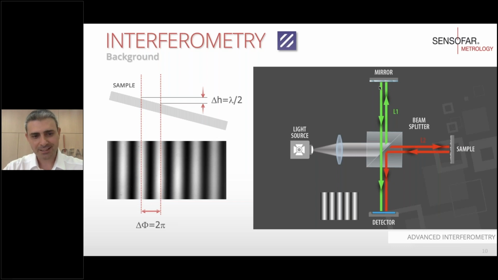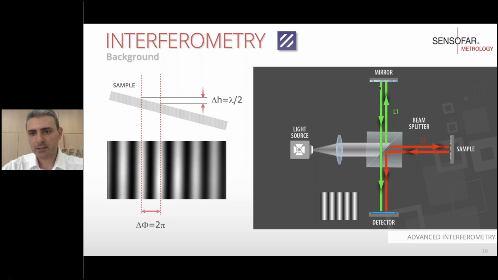By just tilting the sample we want to measure and counting, even with your finger, the number of fringes you are seeing here, we can tell how much height there is in total on that sample. Every time it goes from white to white equals lambda over 2.